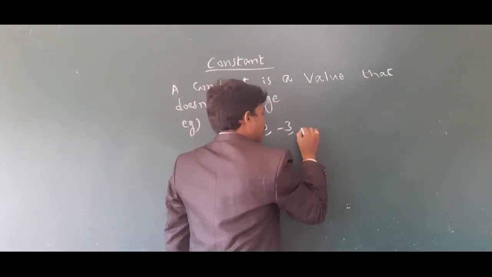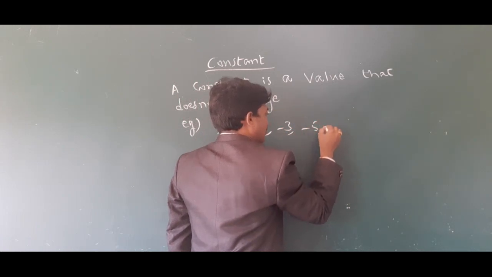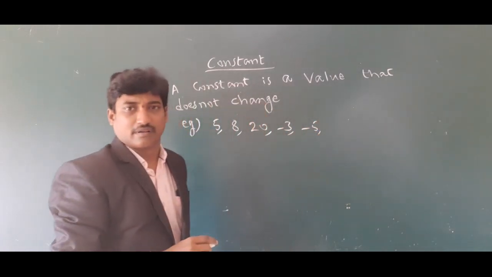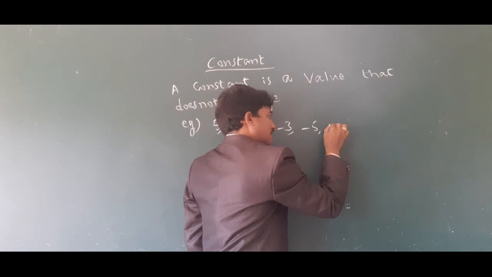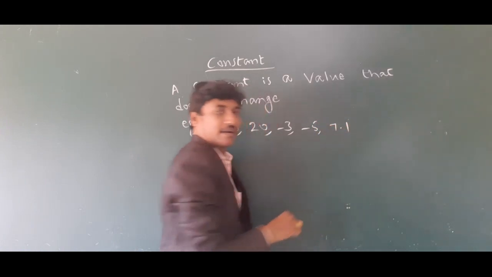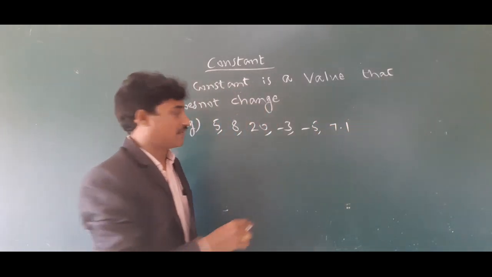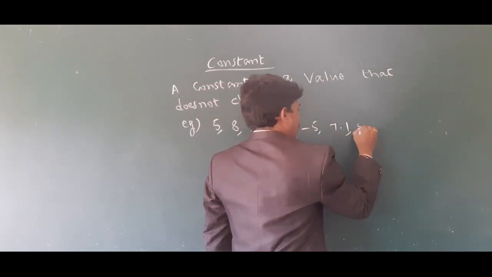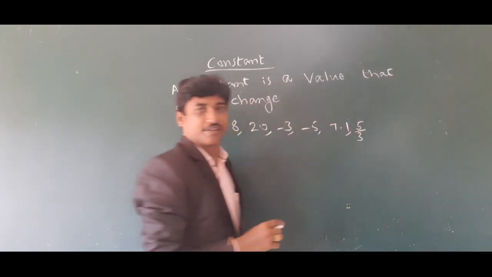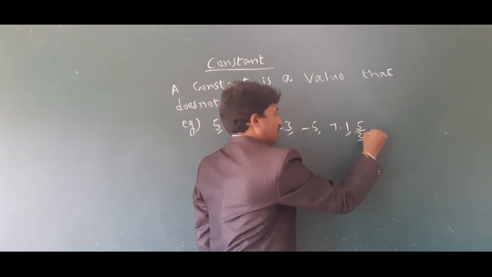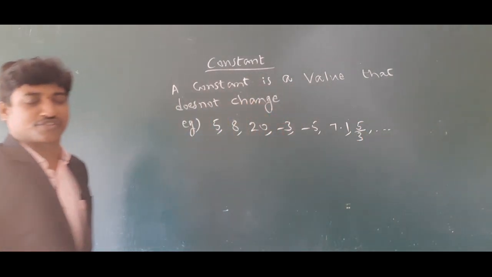And minus 5 is a constant. 7.1 is a constant. 5/3 is a constant. All these come under constants.